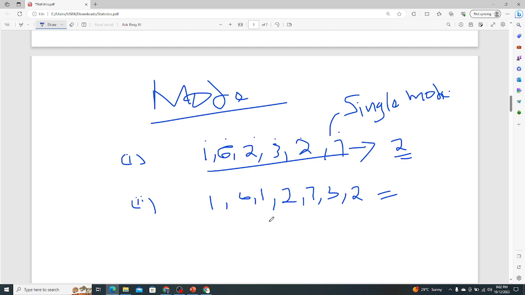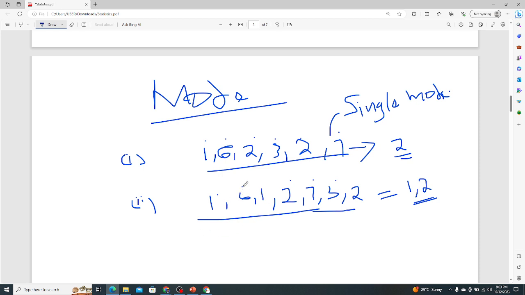In the second scenario, 1 occurs twice, 6 once, 2 twice, 7 once, 3 once. So 1 and 2 occur more than once, and our mode will be 1 and 2. What if you are told to get a single mode out of this data set?